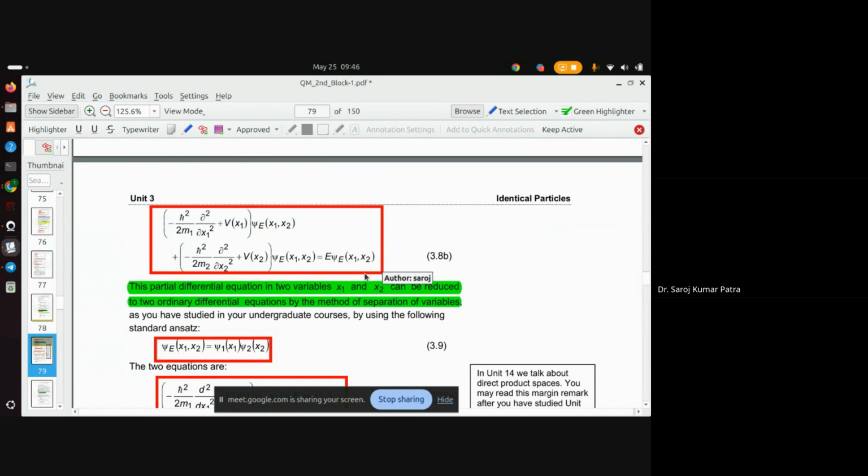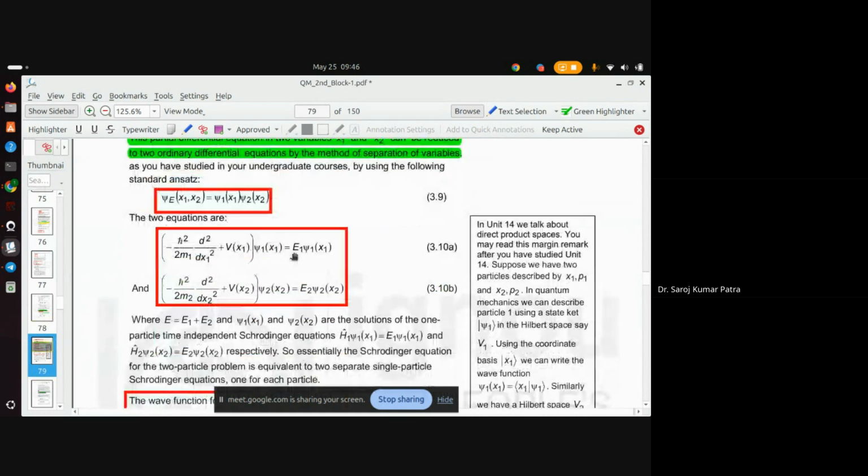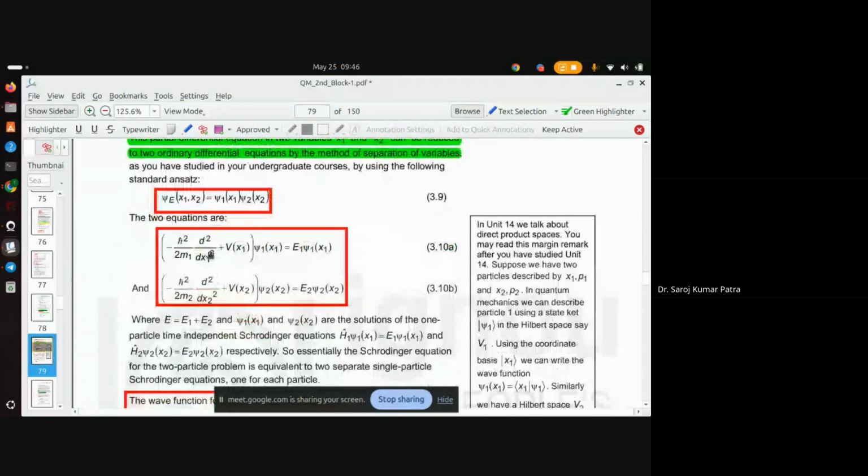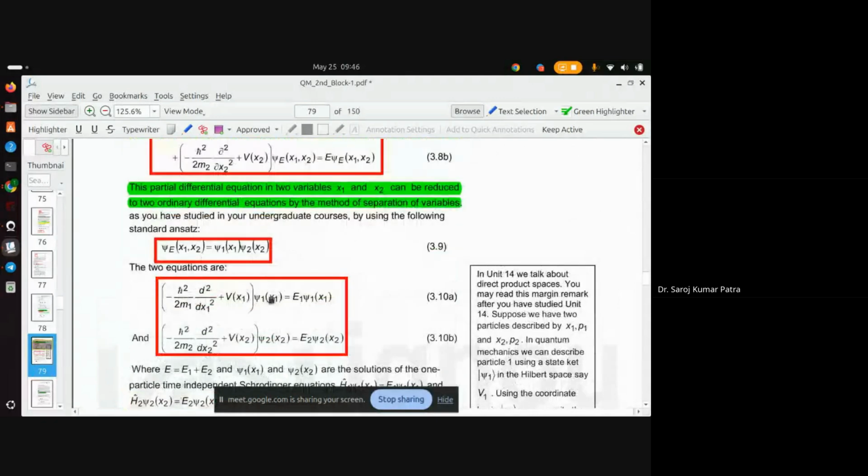So if we separate the variables, we can simply write minus h cross square by 2m1 d square by dx1 square. You can notice that from del square, it has become d square. That means this psi1 explicitly depends on x1.